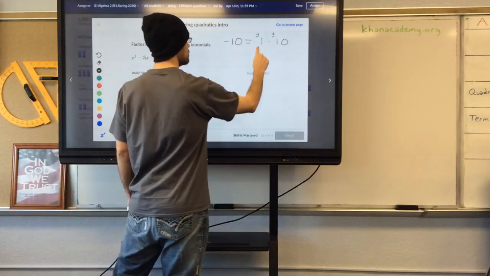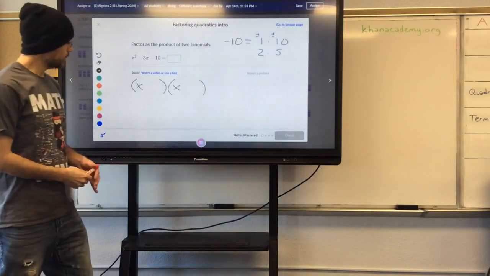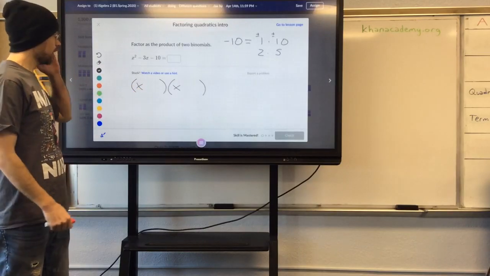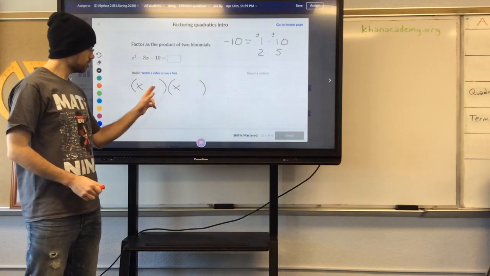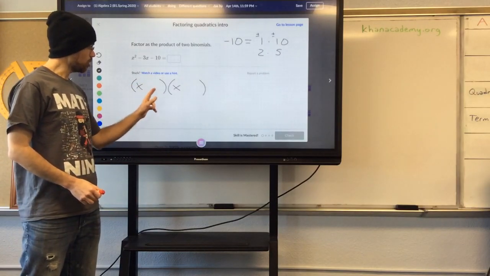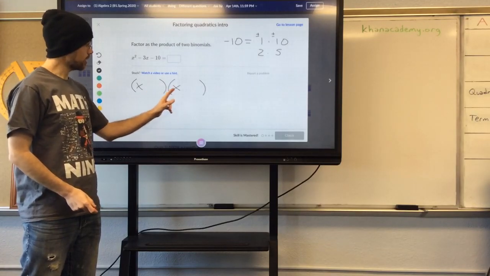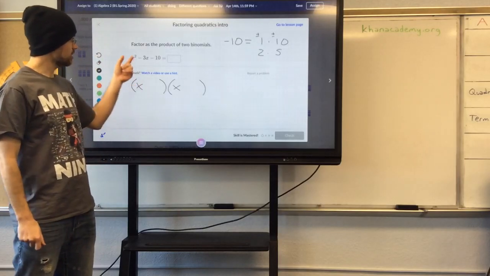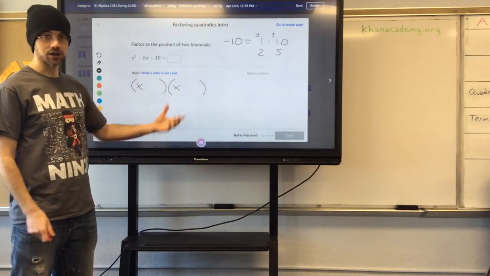Or I could do 2 times 5 to give myself 10. So we are going to have several possibilities, and when we multiply the first unknown here that we don't have in here yet, times that, we're going to end up adding it to this number times that x. So we'll get negative 3 if we put the numbers in here correctly.